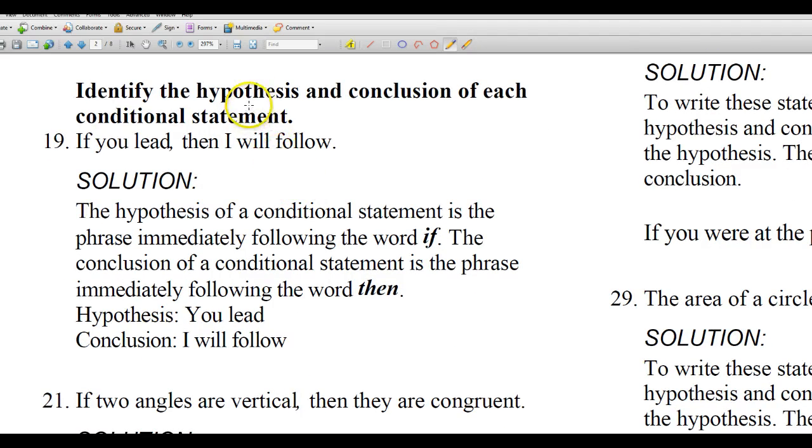Okay, now we're back to identifying the hypothesis and conclusion of the conditional statement. So the hypothesis will follow the word if, the conclusion will follow the word then.